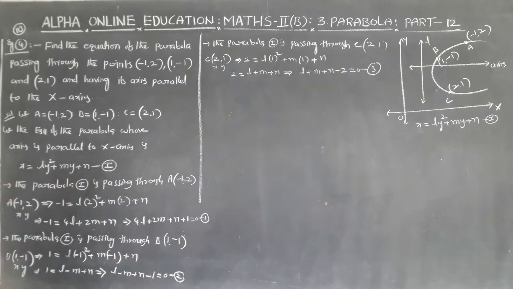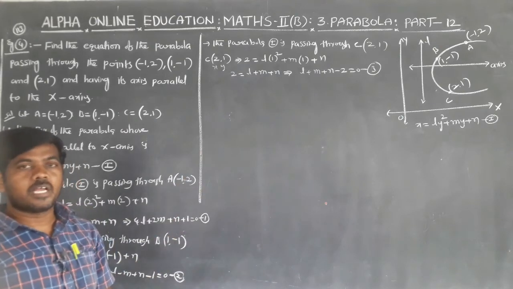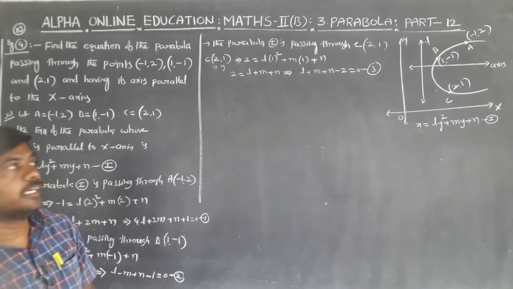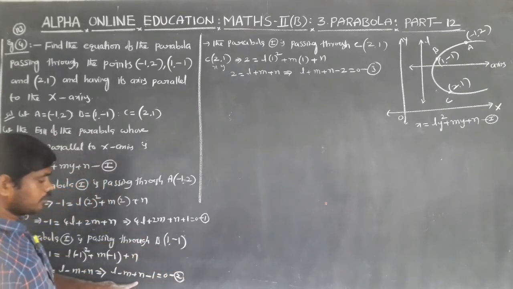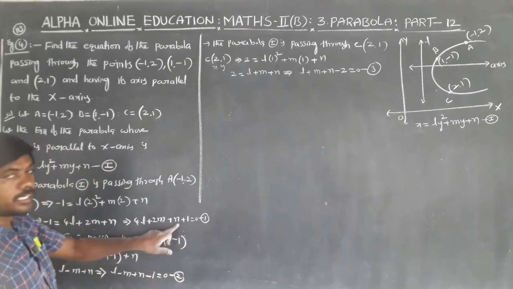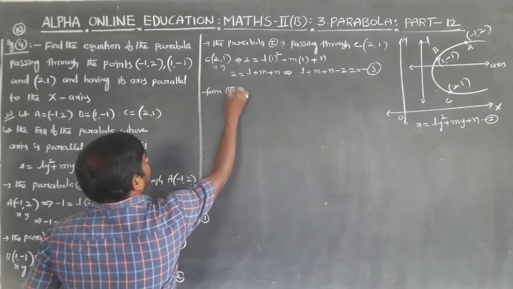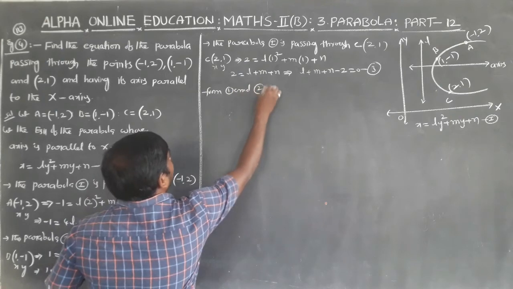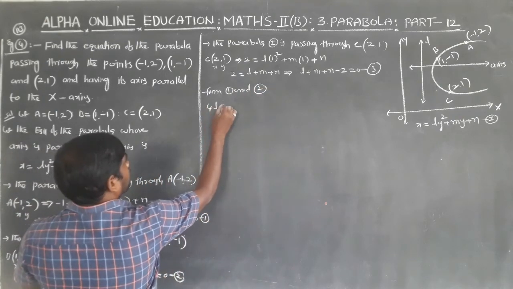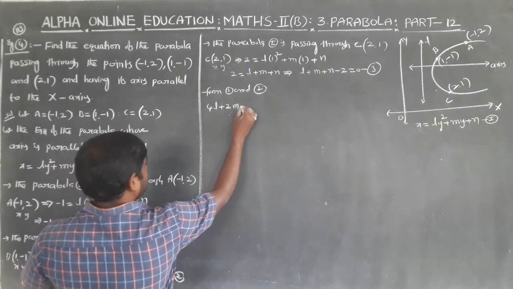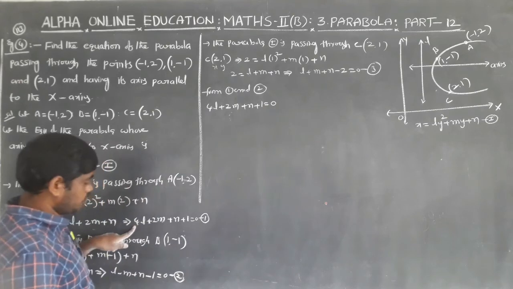For solving equations 1, 2, 3 for the values of L, M, n: from equations 1 and 2, solve by eliminating n. First equation: 4L + 2M + n + 1 = 0.